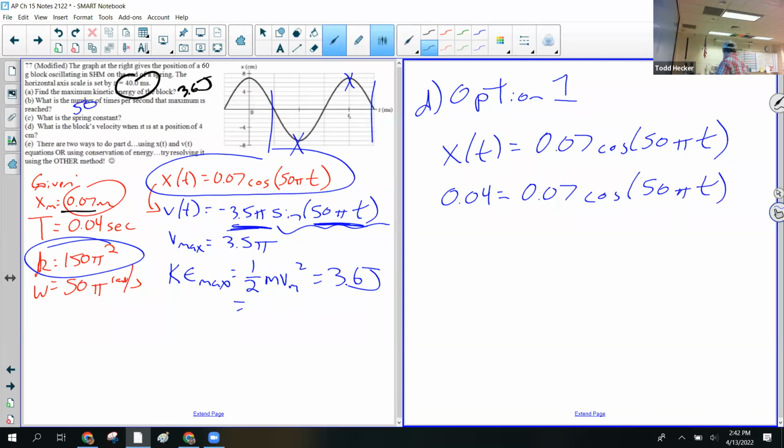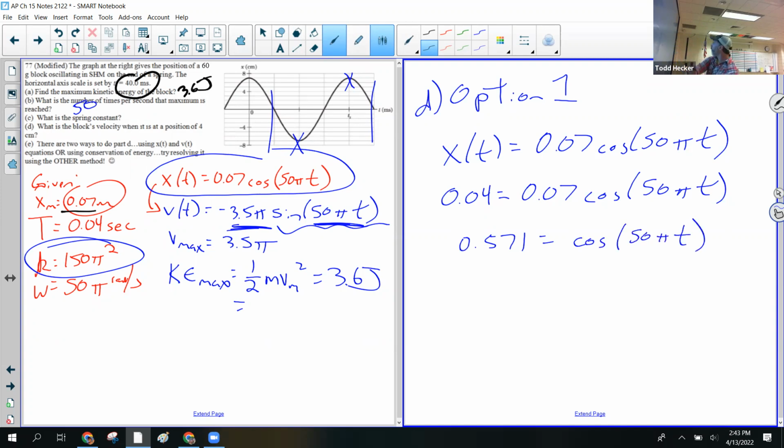Divide both sides by 0.07. So 4 divided by 7 gives you 0.571 equals the cosine of 50 pi times t.